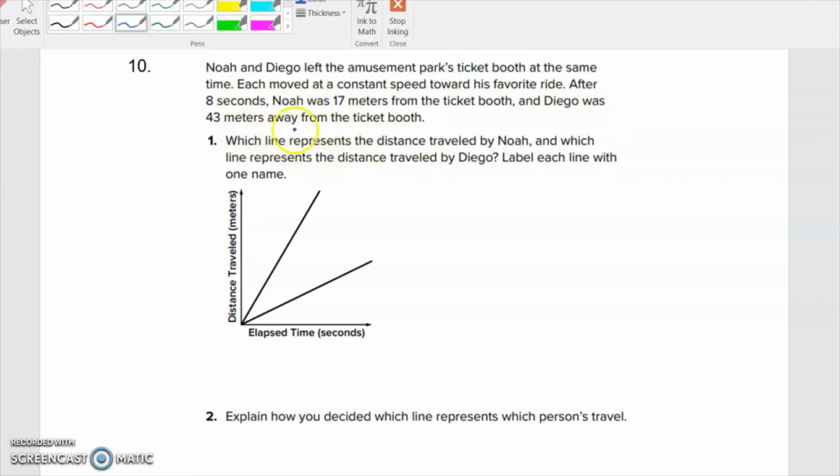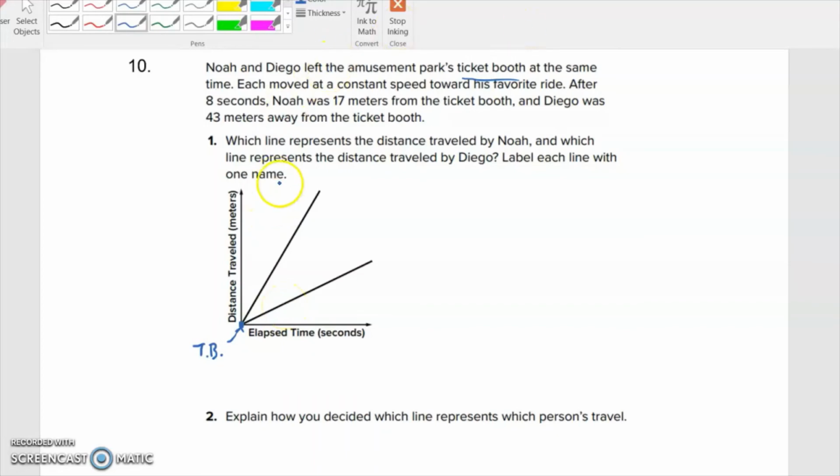Which line represents the distance traveled by Noah, and which one by Diego? Label each line with one name. So first thing it tells us is that they left the ticket booth at the same time. So that's kind of their starting point. That's that 0, 0 where they both start.